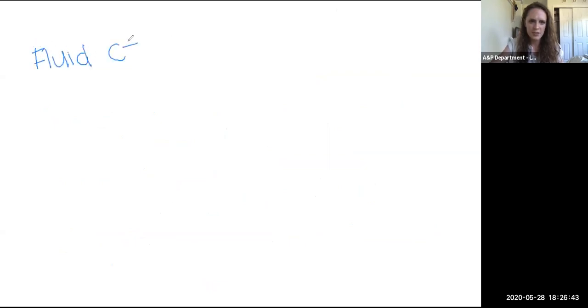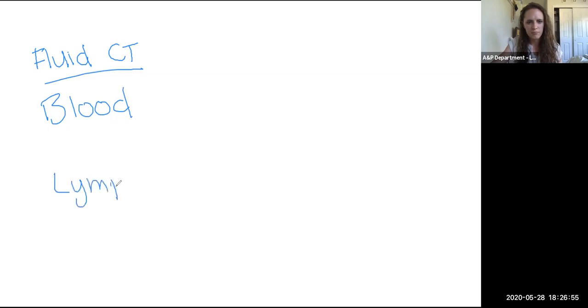Fluid connective tissue is going to be our blood and our lymph. So blood, hopefully you know what blood is at this point in your life. But our blood is fluid.